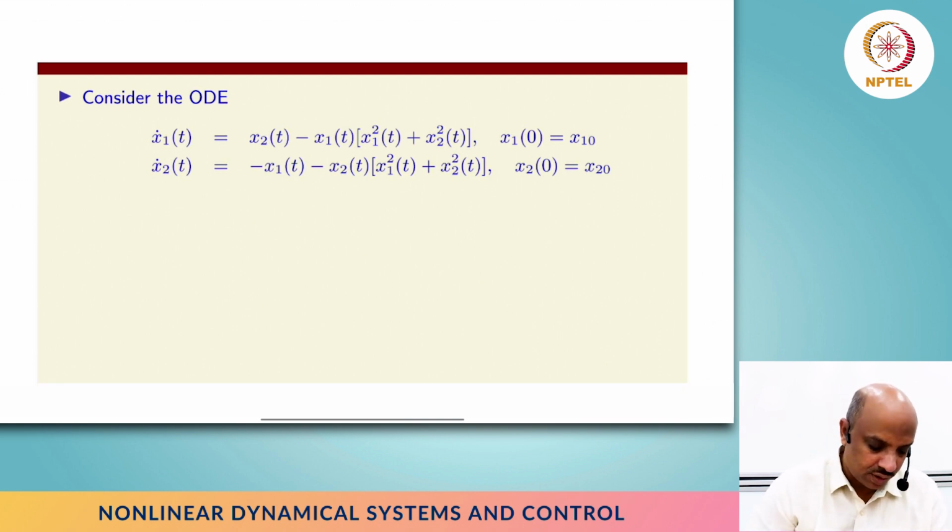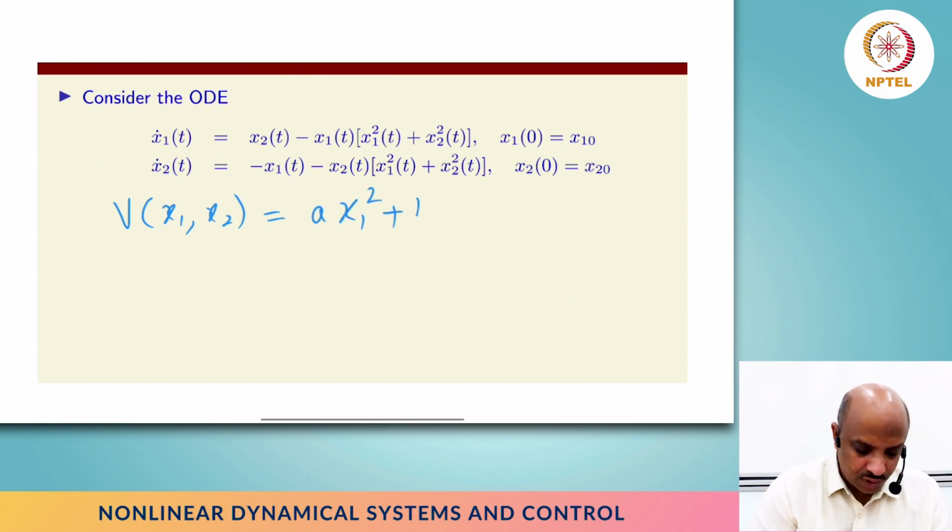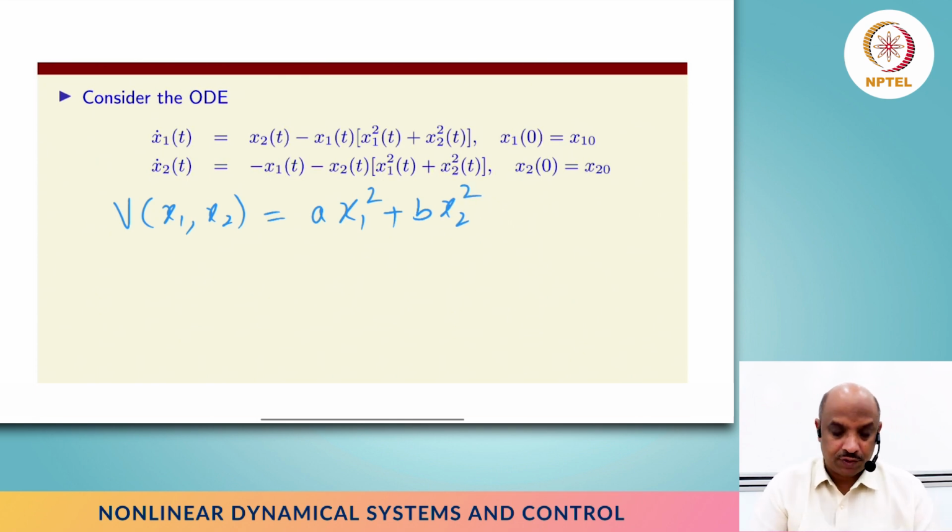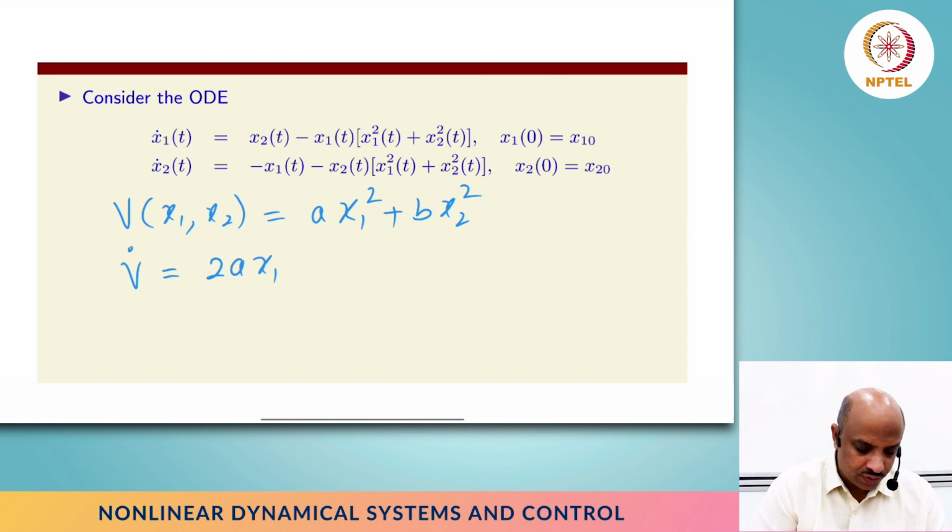So here is another example, and I'm going to straight away pick the standard a x1 squared plus b x2 squared. So therefore this is an LFC, Lyapunov function candidate, and we can directly jump to computing V dot. I'm going to get 2a x1 x1 dot plus 2b x2 x2 dot.